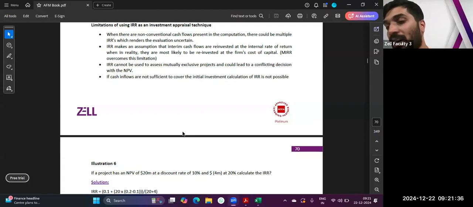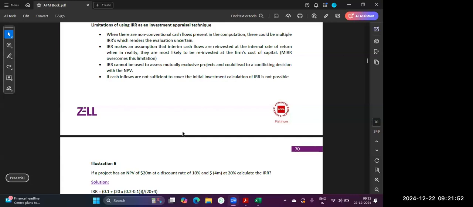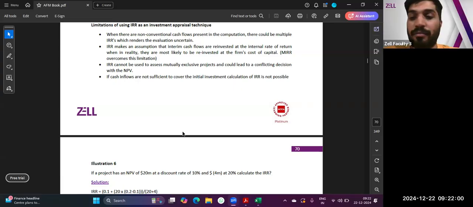When there is a season, like umbrellas, eight months of low sales could put you in loss, but the four months of rainy season cover up for the whole year. Understood? And if NPV is even nil, the last point is IRR is not applicable.